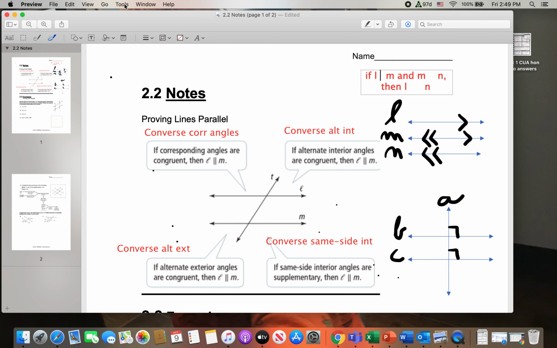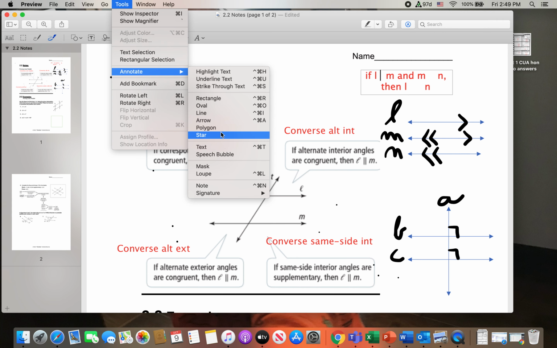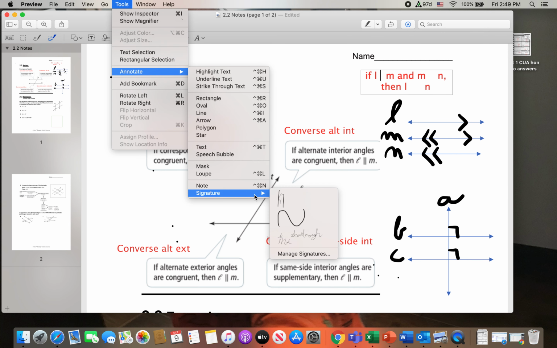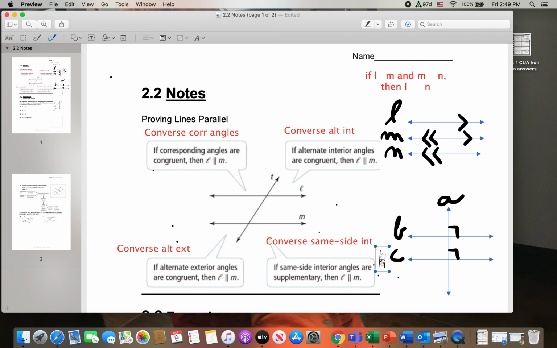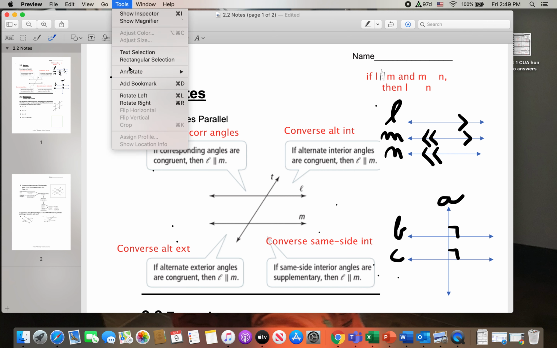Okay, so I went right here to put my annotate signature. I want it right here. But I kind of need to shrink it down. There it is. Okay, and move it over. If L is parallel to M, and I have to do it two more times.